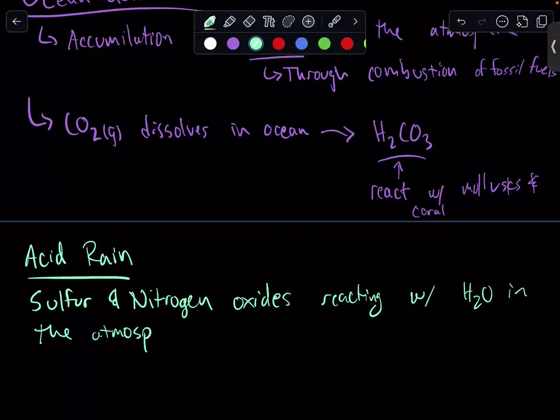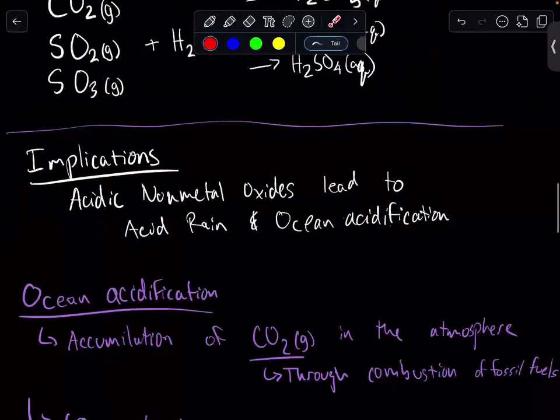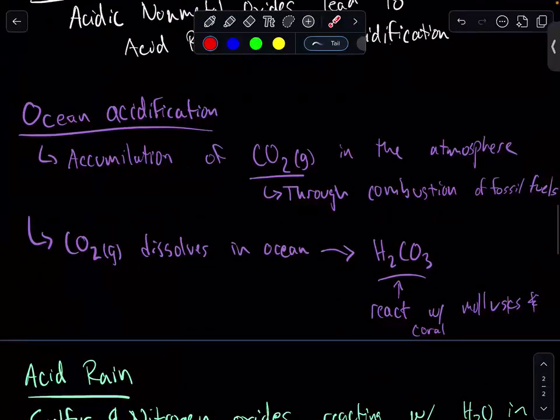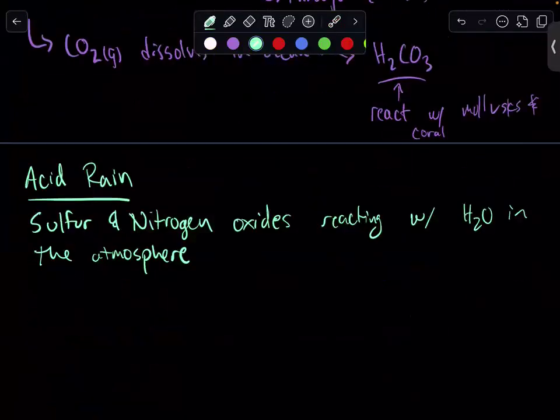I mean, clouds are made of water, right? And so these oxides can react and form sulfurous or sulfuric acid, and nitrogen oxides will even form nitric acid or nitrous acid. So we'll look at that reaction as well because we didn't do it in this first one. So they react with water in the atmosphere and become acids.